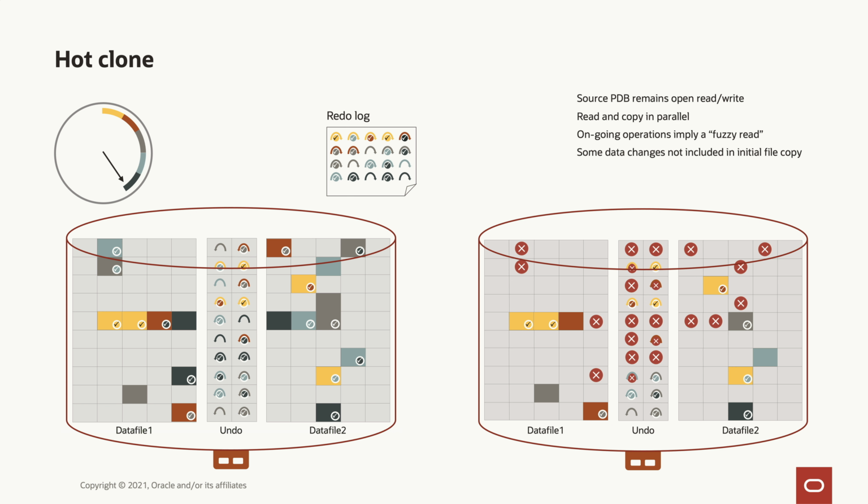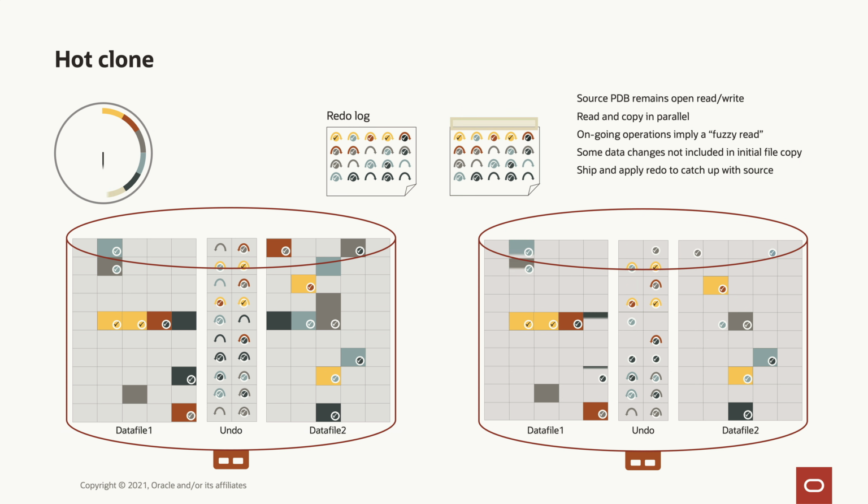Here we see, with the red X's, the blocks in the target in which the corresponding block in the primary has been changed, but that change is not reflected in the target. So far then, we have copied all the blocks from the primary to the target, but because the primary was changing while the blocks were being scanned, what we might refer to as a fuzzy read, the target is not physically consistent with the primary.